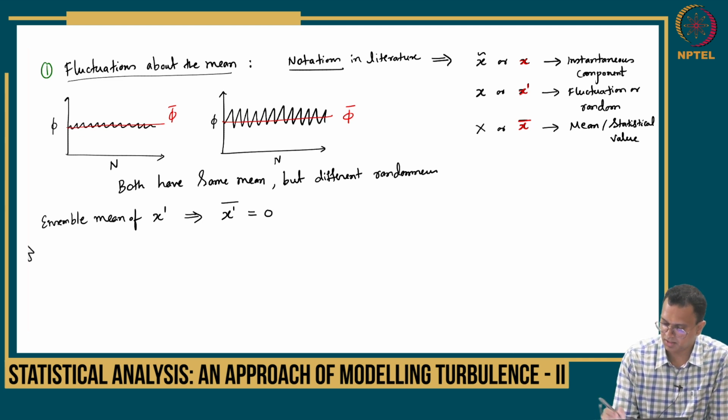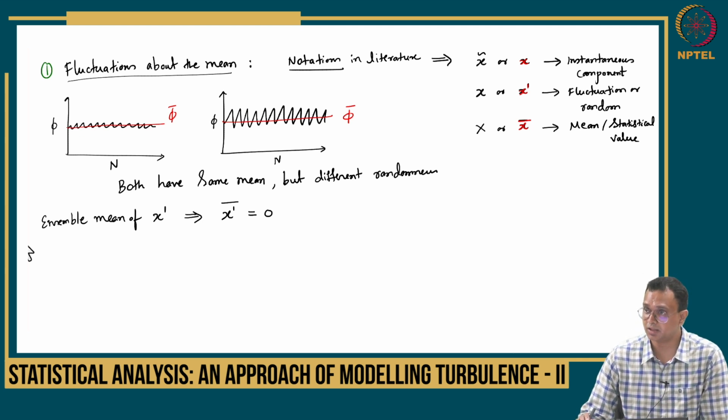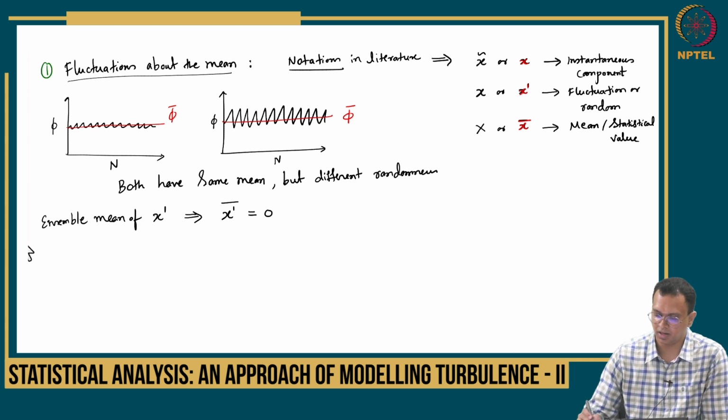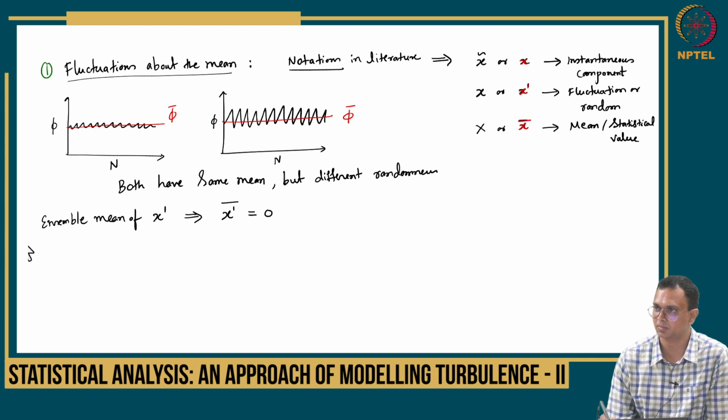If I ensemble average the fluctuating signal, that means I have this random, oscillatory signal here, and then I subtract, so phi minus phi bar, or x minus x bar should give me x prime, and if I ensemble average that x prime, it should go to 0. If it's not going to 0, that means you are not working with ensemble mean, you are working with arithmetic mean.